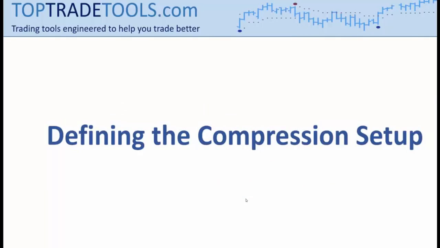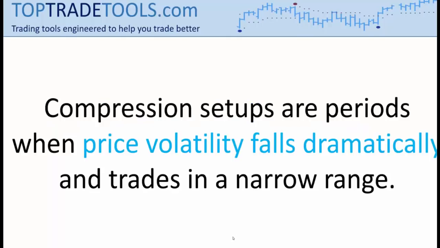Now, defining the compression setup, let's first go ahead and talk about that. Compression setups are periods when price volatility falls dramatically and trades within a narrow range. So we have to be able to differentiate between slow markets and periods of time where there's a fierce battle going on between buyers and sellers. And that's what we're looking for.